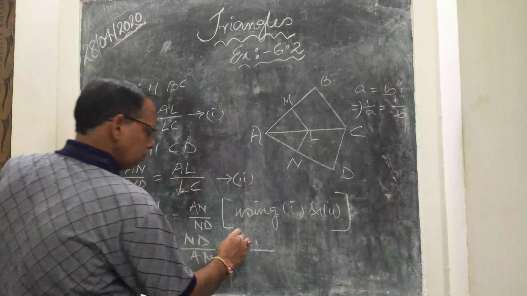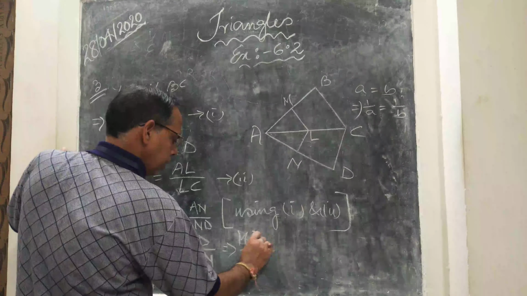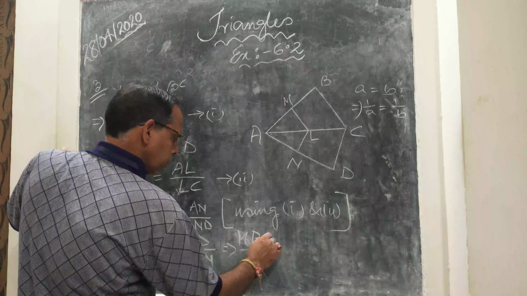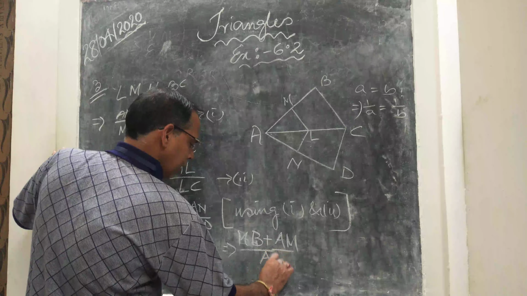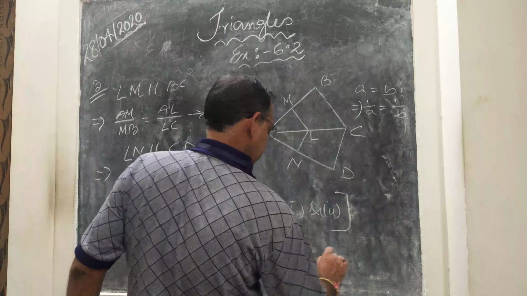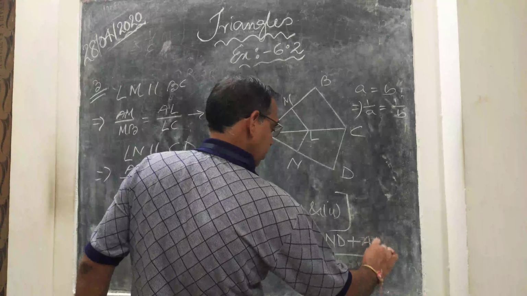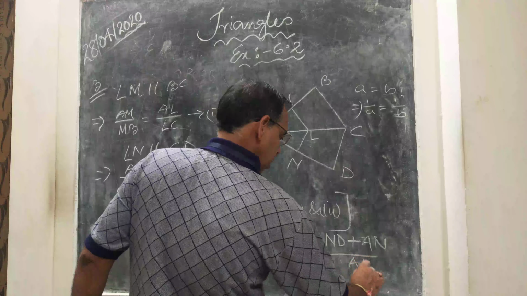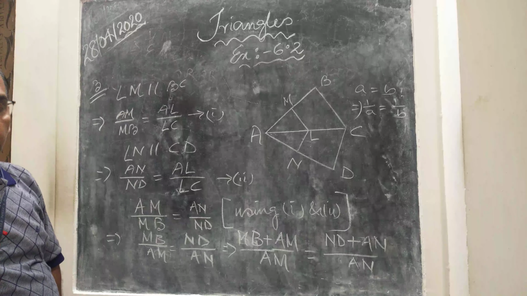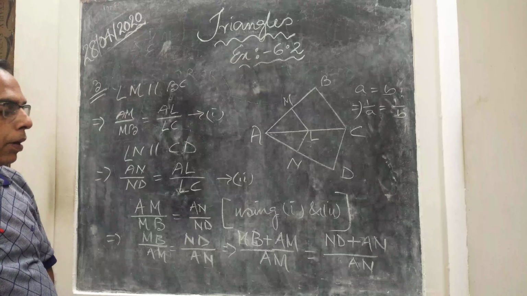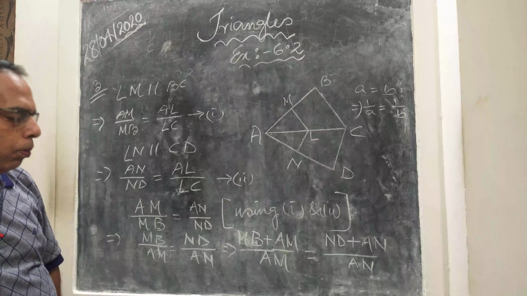MB plus AM divided by AM equal to ND plus AN by AN. Now, can you identify what is the property? Property actually it is in the proportional chapter. It is the property of componendo.